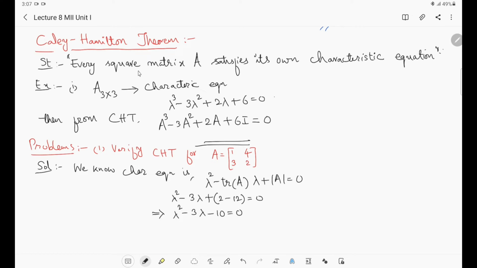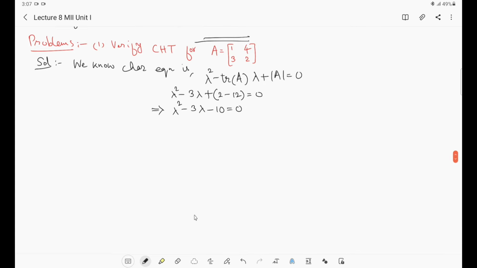Now if we want to verify Cayley-Hamilton theorem, we have to show that the matrix A will satisfy this characteristic equation. So now we have to consider A square minus 3A minus 10I, and we have to show that we'll get a 0 matrix on the right hand side, right?